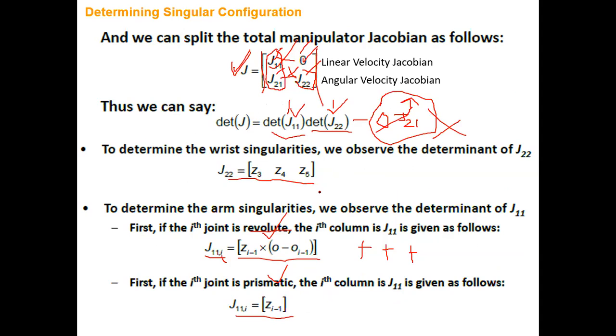So J11 is the linear part of the Jacobian for the arm. J22 is the angular part of the Jacobian for the wrist. You just have to care about those two things, multiply them together and find the full determinant. Then you set it to 0, and from that condition, you get the condition for singularity.